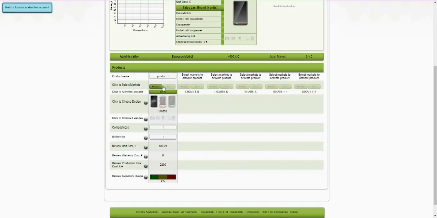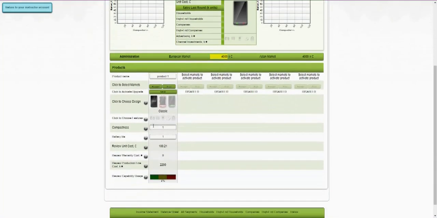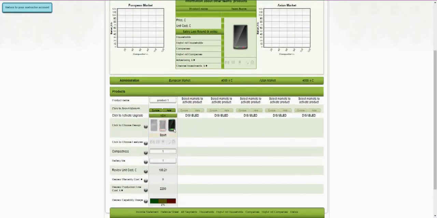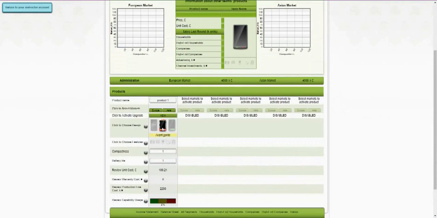So we choose which market, so Asian or Europe, and it will say here's some information, and you can choose between whether you want the classic, the avant-garde, or the sport phone product. So you just have the three choices that you want to make, and I recommend that you choose the look or the design based on the market outlook and on your own personal strategy for your organisation.